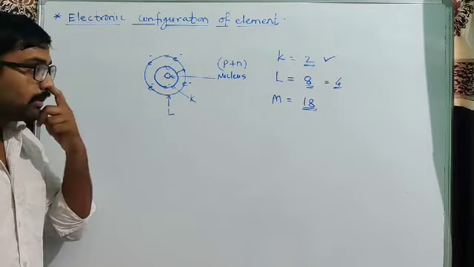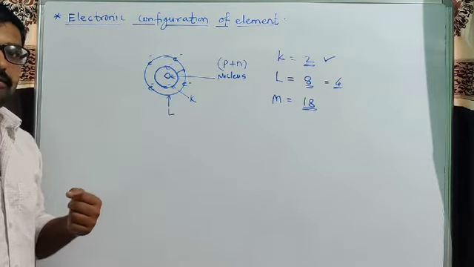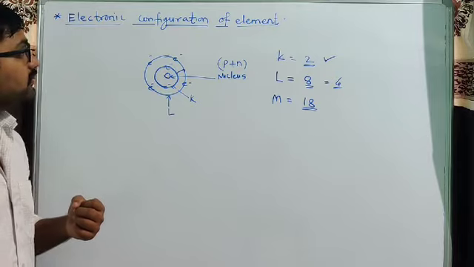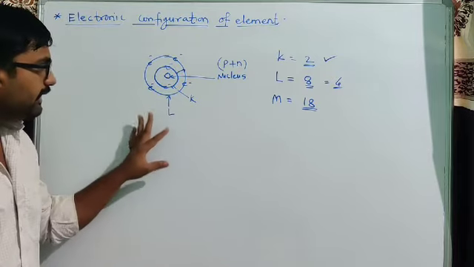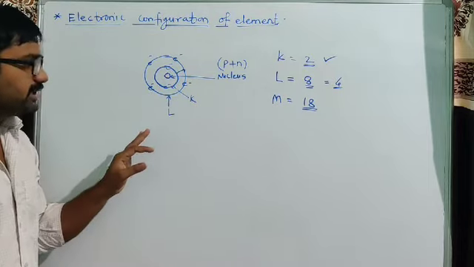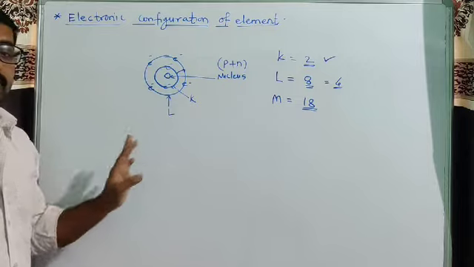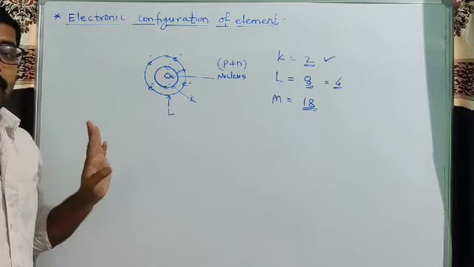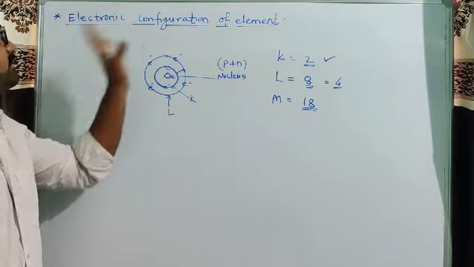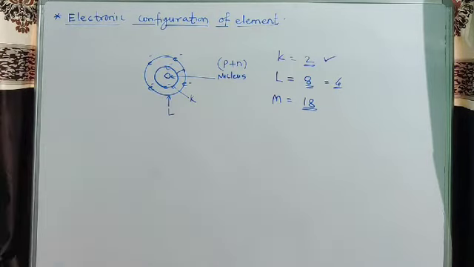Now we have to see a chart given in the book about electronic configuration. But here you have to remember only that whatever electrons are present inside an atom are all arranged in a systematic manner shell wise. That is nothing but the electronic configuration of an element.